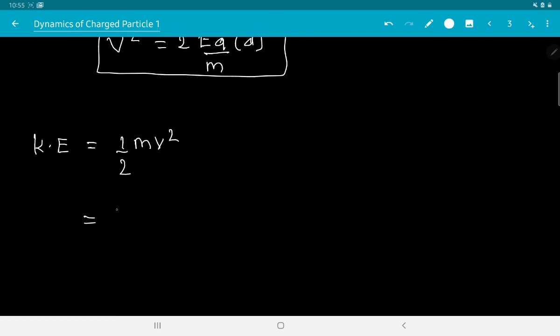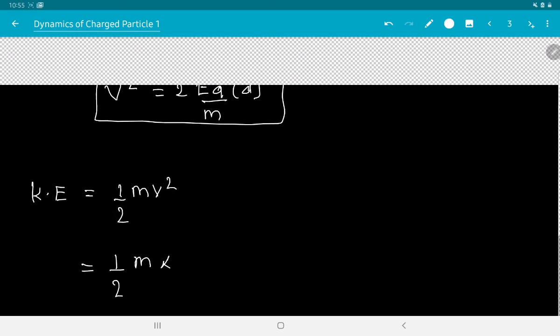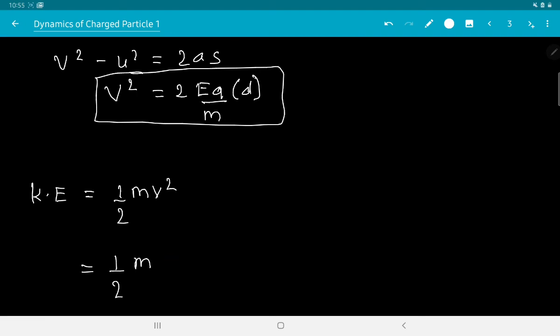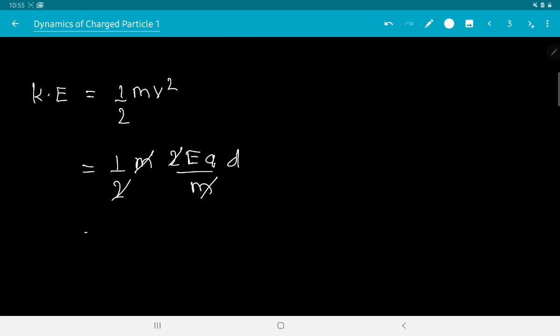So let us put in the value of velocity square, which is 2EQ divided by m into d. Here the mass will get cancelled, and this 2 will also get cancelled. We will just have to find EQ into d.